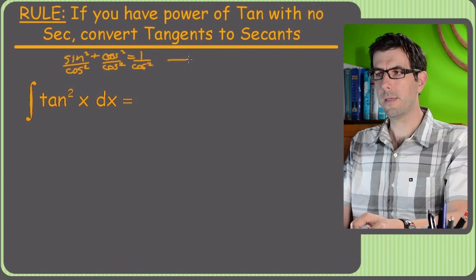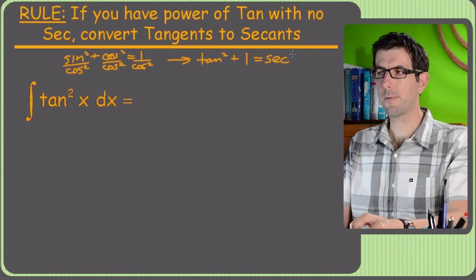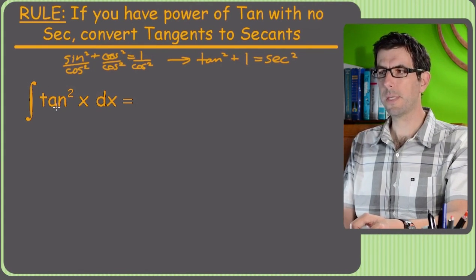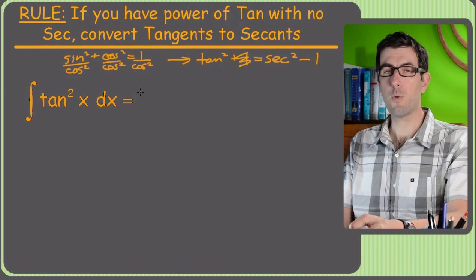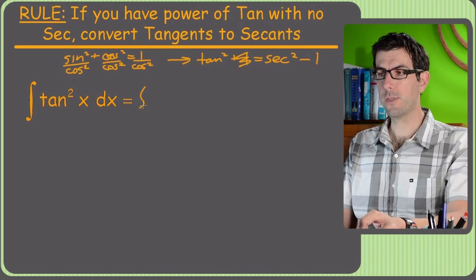So that's going to lead to tan squared plus 1 equals secant squared. And of course that means that tan squared would be secant squared minus 1. So the integral of tan squared is really just the integral of secant squared minus 1 dx.